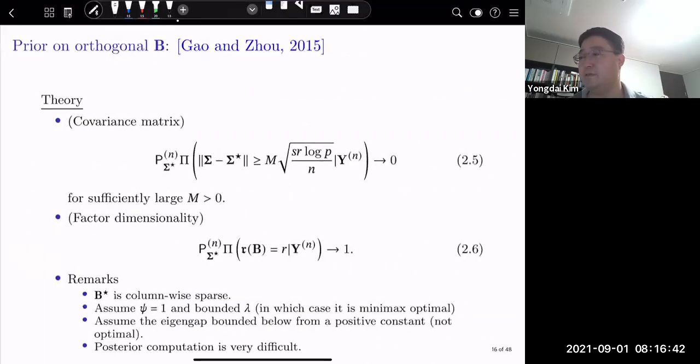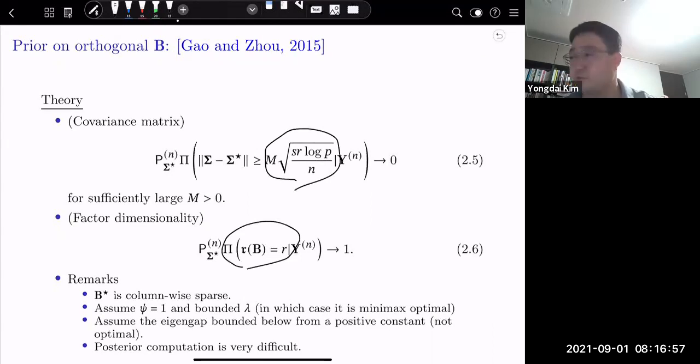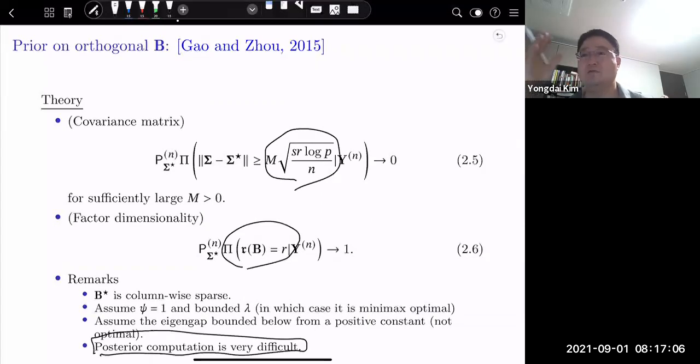And they proved that the posterior distribution has nice asymptotic properties, such as fast contraction rate and posterior consistency of the factor dimensionality. But the problem of this prior is that posterior computation is almost impossible for me, because the orthogonality constraint makes the MCMC algorithm really difficult. So I don't think it's practically useful. But the Bayesian model we propose in this talk is computationally much easier.